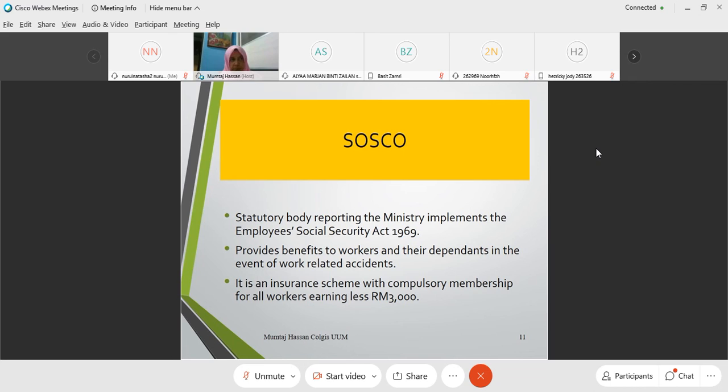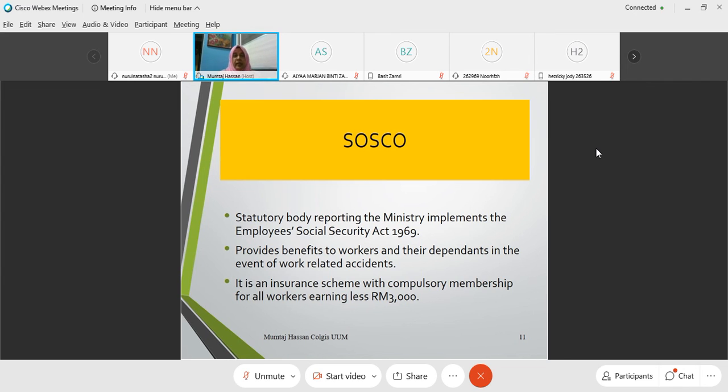Madam, I want to ask, if the worker earns more than 4,000, they will not get this also, is it? Yes. Previously it was those earning less than 2,000 and then increased to 3,000. Now it is 4,000. So this slide should be amended. I think maybe I did not upload the correct slide, because I already made the amendment. So it's 4,000 now.